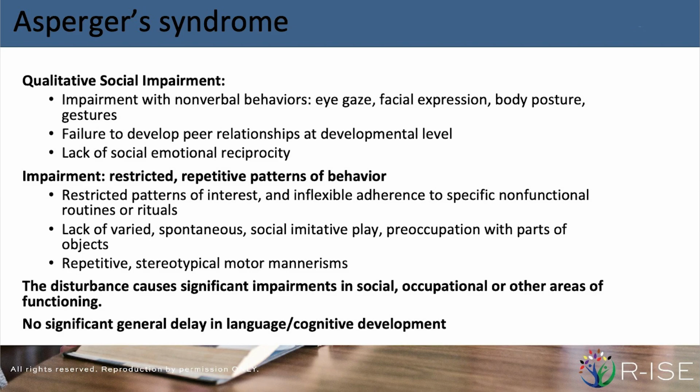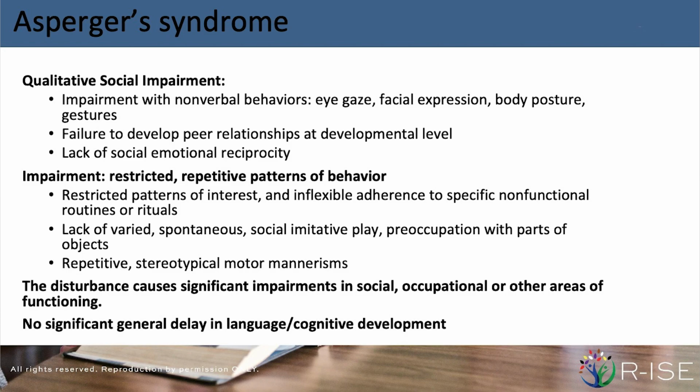They have inflexible adherence to specific non-functional routines or rituals. There's a lack of varied, spontaneous, social, imitative play, preoccupation with parts or objects, and also repetitive, stereotypical motor mannerisms.